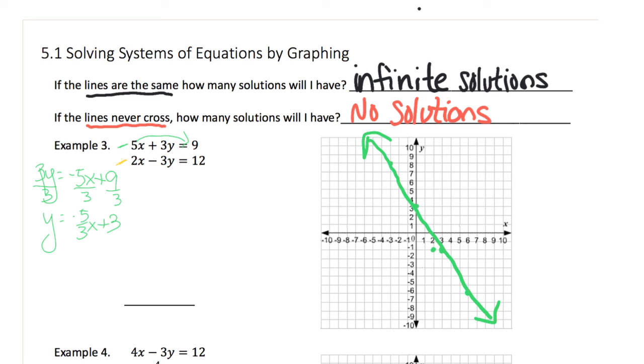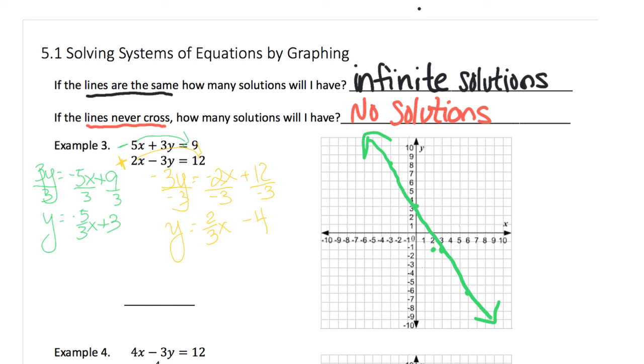All right, let's solve this other equation, the yellow one. So moving my 2x over, we get negative 3y equals negative 2x plus 12. Divide both sides by negative 3. You get y equals now a positive 2/3 x and a minus 4.